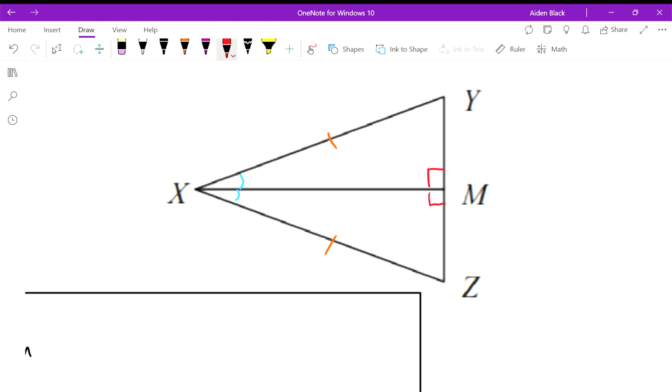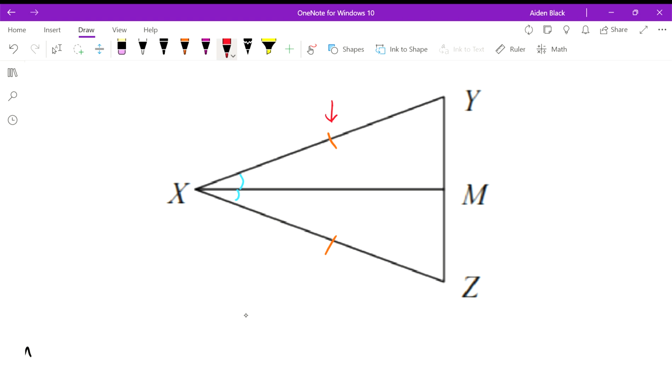Now, we don't actually have a property or a theorem that states that we can use, because although we know that these side lengths are congruent and these angles are congruent, we feel that we can write, oh yes, well, then this is 90 degrees and this is 90 degrees. But we can't use that as an assumption.